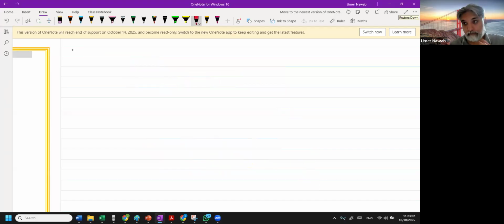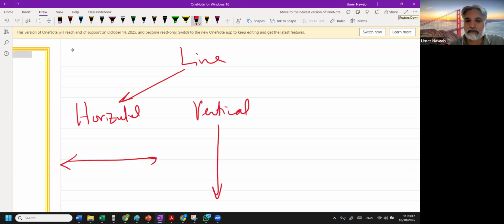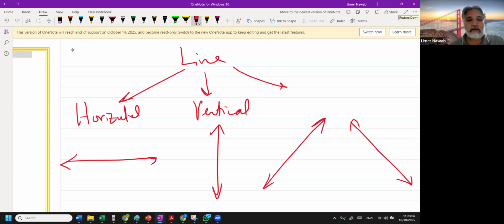Boys, when we look at lines, there are three types. We can have a horizontal line like this. We can have a vertical line like this. We can have a slanted line. A slanted line can be like this or like this. So this gradient is 0, this gradient is infinity, this gradient is positive, and this gradient is negative.